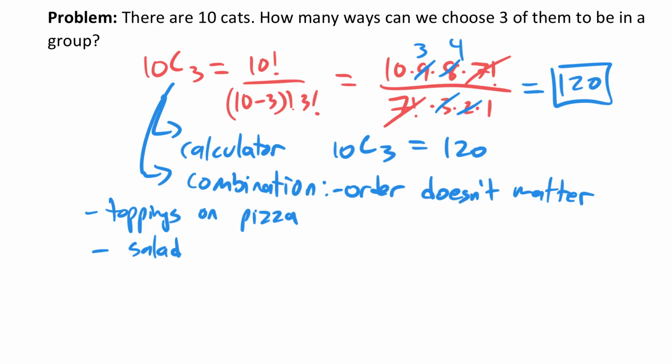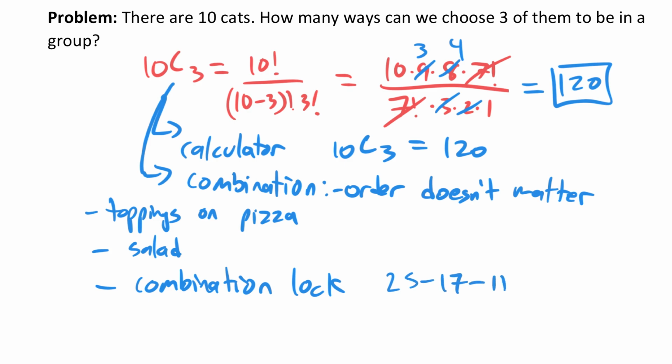The only problem here is that in our English language, we have a bit of a confusion because you've probably heard something like this, a combination lock. So on your locker, you have a combination lock. But does it matter the order you put your numbers in? So if your combo is 25, 17, 11, can you put it in as 17 and then 25 and then 11?